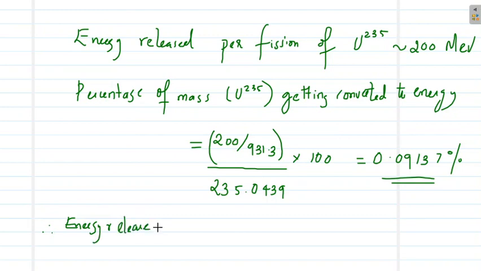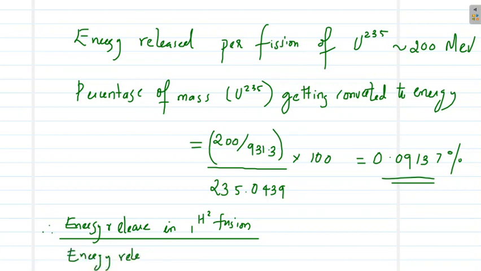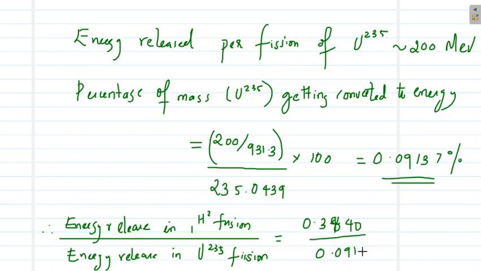So if you find the ratio of energy release in the 1H2 fusion and the energy release in the uranium-235 fission, this will be the ratio of the percentages, which is 0.343840 divided by 0.09137, which is equal to 4.202.